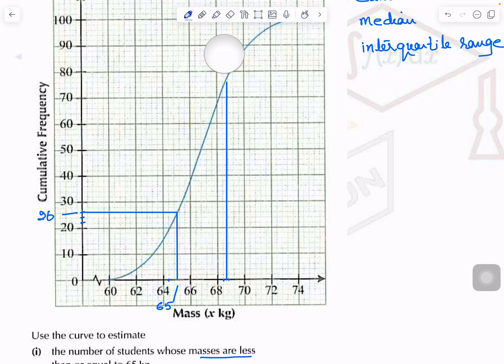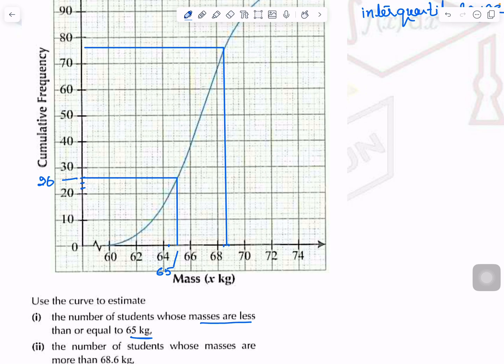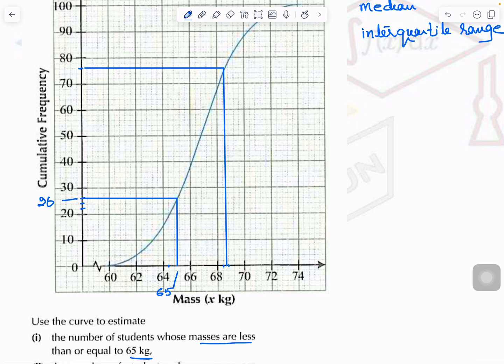I will go and see from here. You will use a ruler, and then from here I will read like this. So 68.6 is giving me, for example, 72, 74, 76. This is not my answer, by the way, because this 76 represents that 76 students have mass less than 68.6.